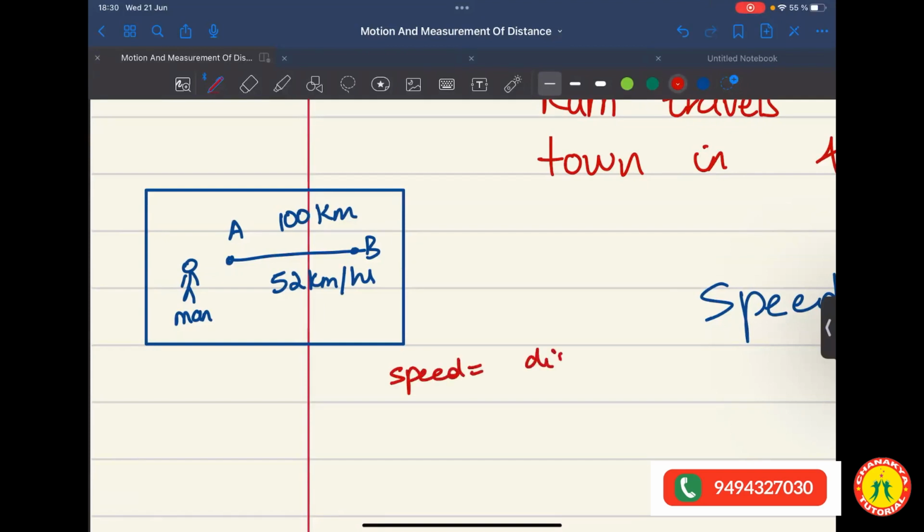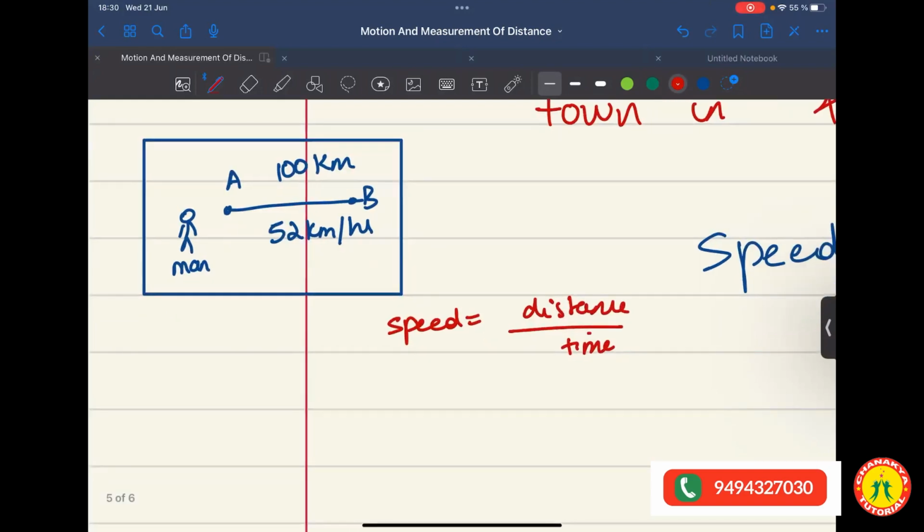Speed is equal to distance by time. What is the formula for time now? Figure it out. I'll be back in 1 minute. Also, after you figure it out, I want you to tell me how you got it.